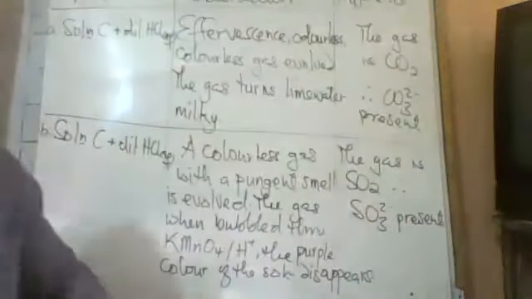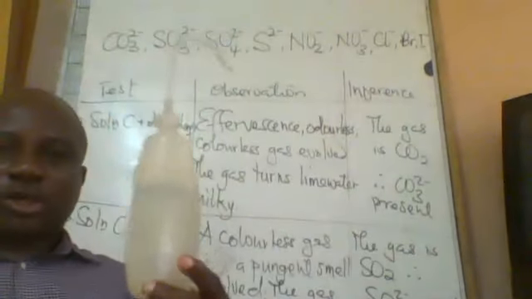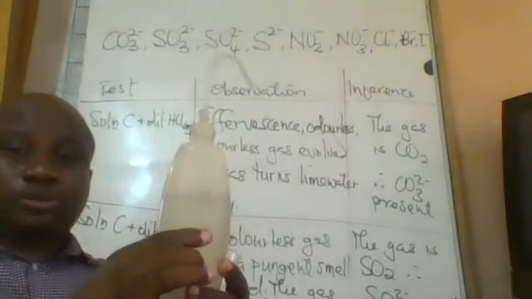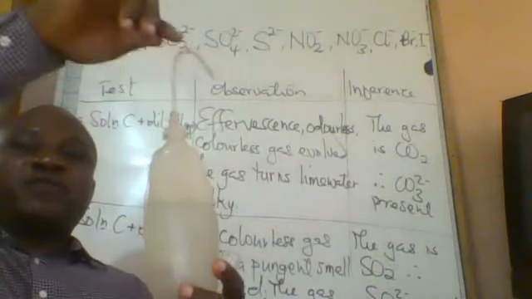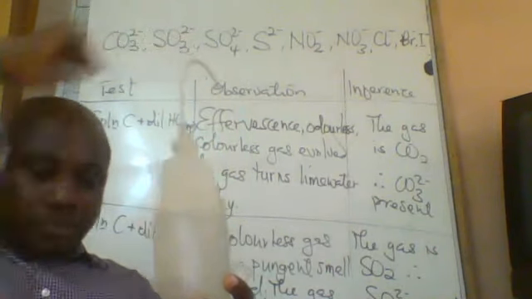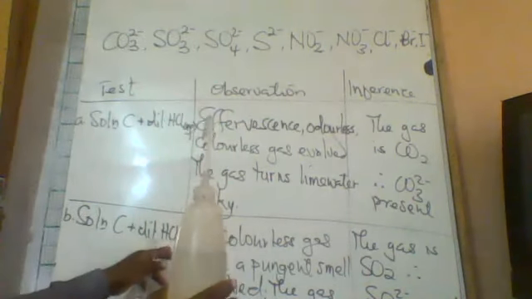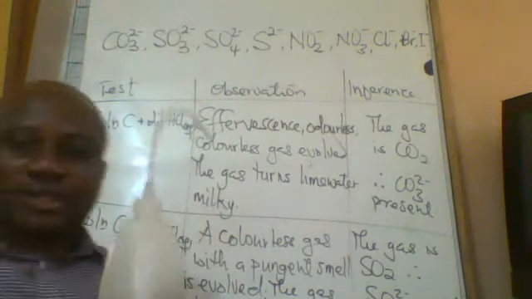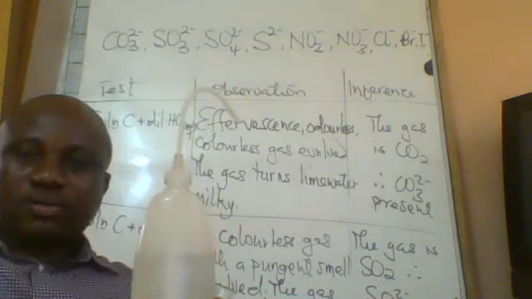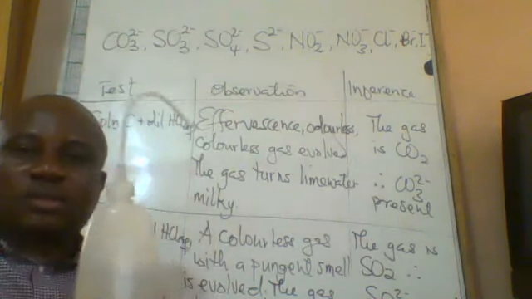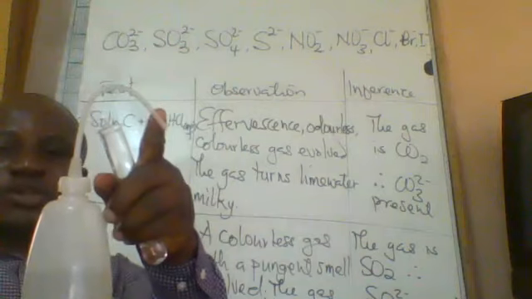Okay, let me illustrate that. Assuming this is your test tube with a delivery tube on it, when you pour the acid onto the test reagent and the gas is coming out, the gas can pass through the delivery tube.